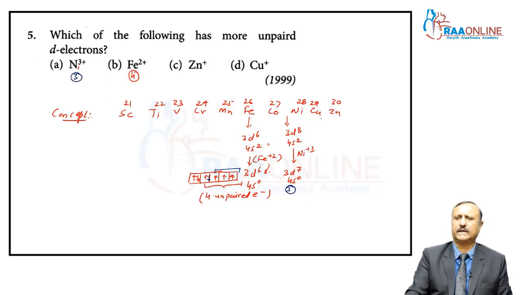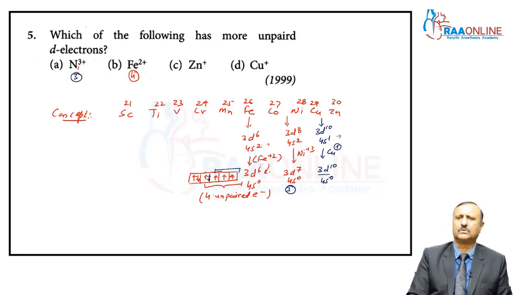Now my dear students, the copper electronic configuration is 3d10 and 4s1, because an electron goes to the d orbitals due to the stability of a completely filled d orbital. When you see the copper plus 1 ion, 1 electron is removed from here. So the 3d10 d orbital is completely filled, 3d10 and 4s0.